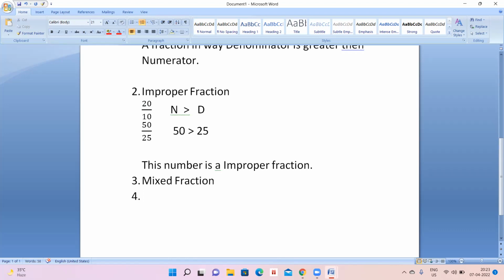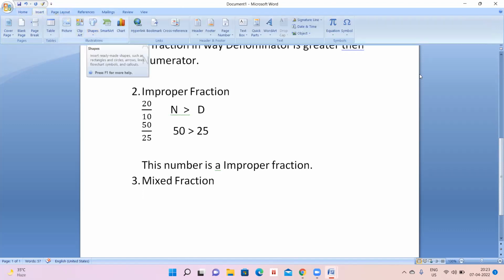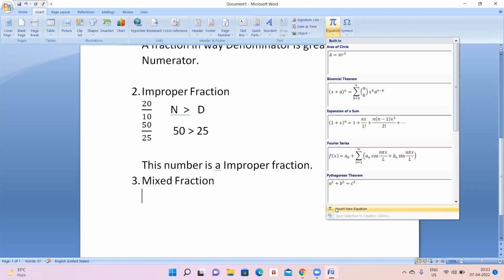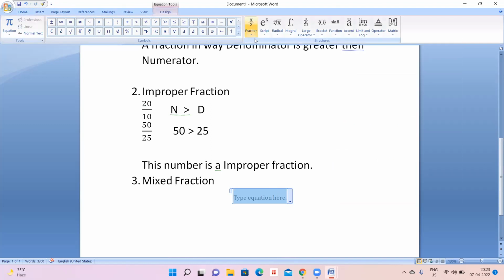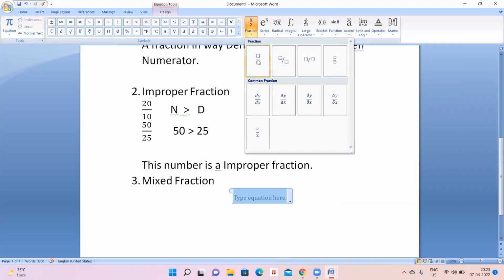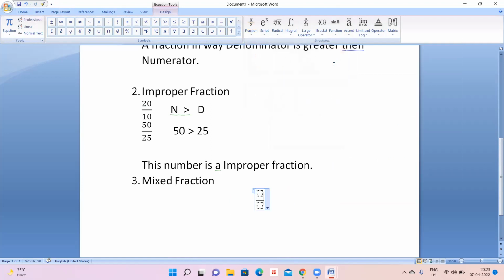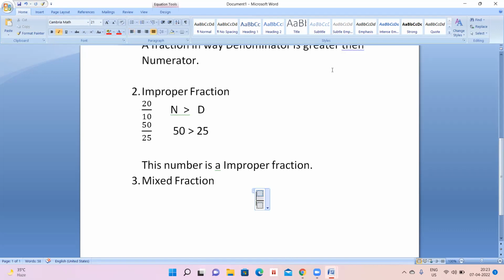My dear students, to know what a mixed fraction is, we simply have to know this fact: a mixed fraction is written in this form. Suppose a number is written as 5 whole number 2 upon 6.